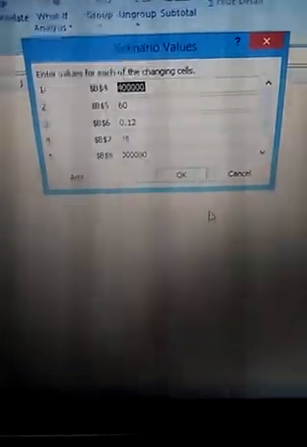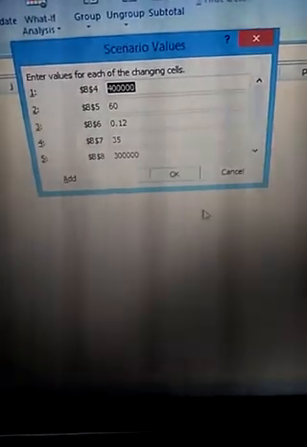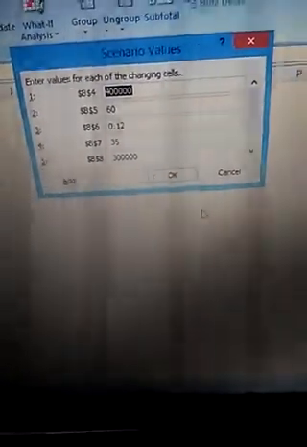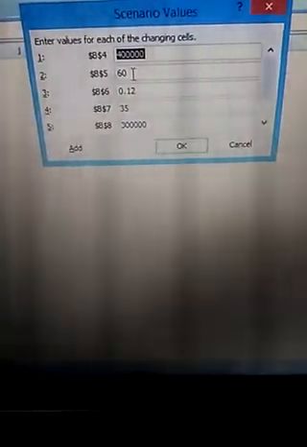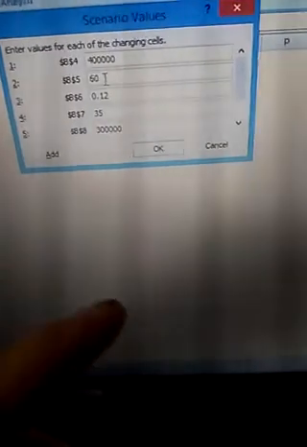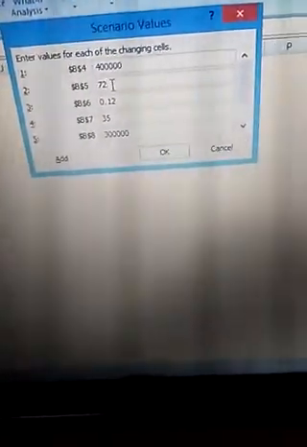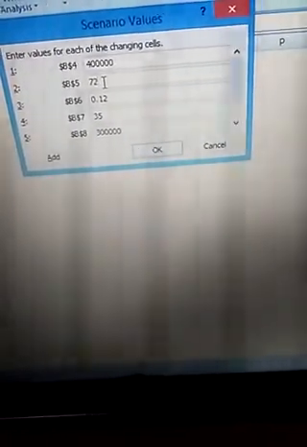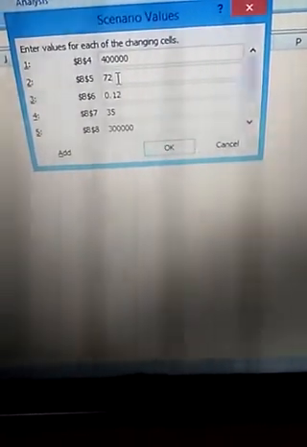B4 is 4 lakh, B5 is 60, the rate of interest is 12, kilometers per liter is 35, and your insurance is 3 lakhs. So I want to change this value. Suppose I am just making it 72. Or the rate of interest also we can change. So you can change any value from there.